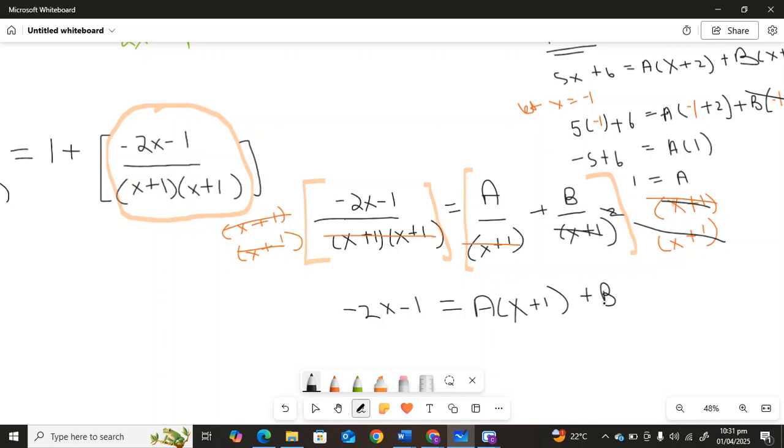Before we move further, any questions? Are we okay with how the ax plus 1 has come about and the b? We multiplied each fraction by x plus 1 times x plus 1. Basically, x plus 1 squared.